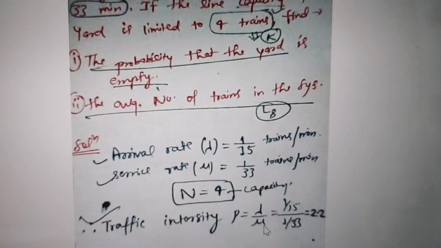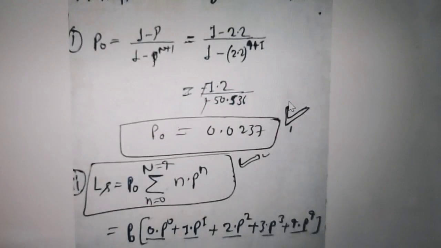Now problem number 2 states: find the average number of trains in the system. For that we apply the formula for Ls. Ls is equal to P0 times the summation from n equal to 0 to 4 of n multiplied by rho to the power n.